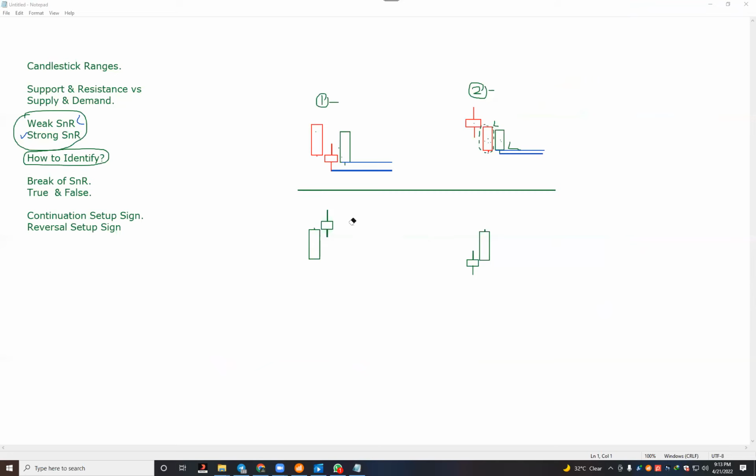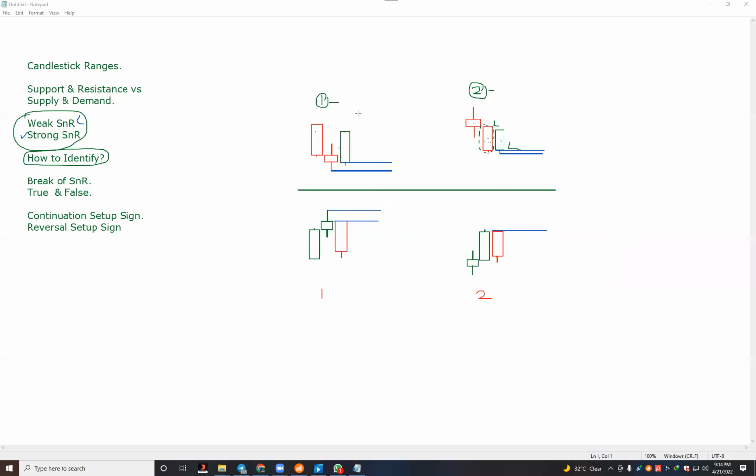First of all, I'm going to draw the seller candle here. This is setup number 2, 1 and 2. This is a strong buyer candle, so the sellers are stronger and this resistance will be stronger. This is a support, and this resistance is a weak resistance.